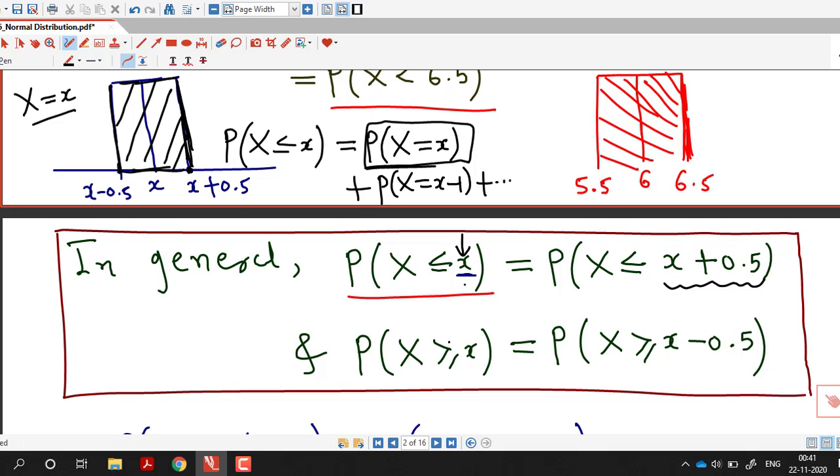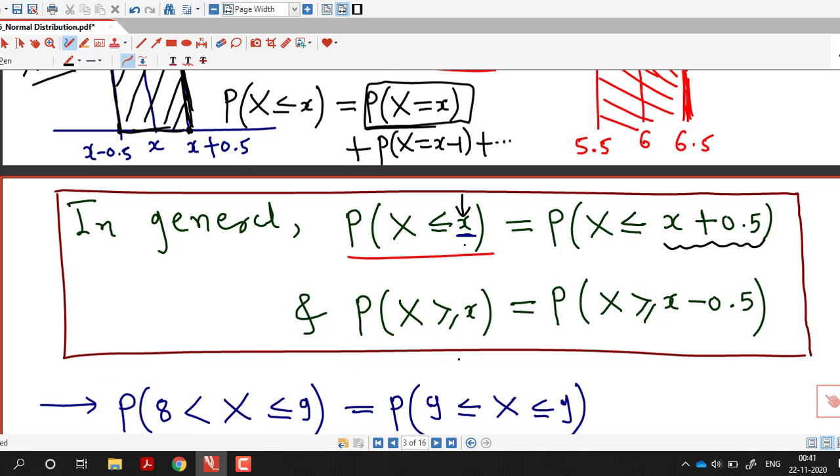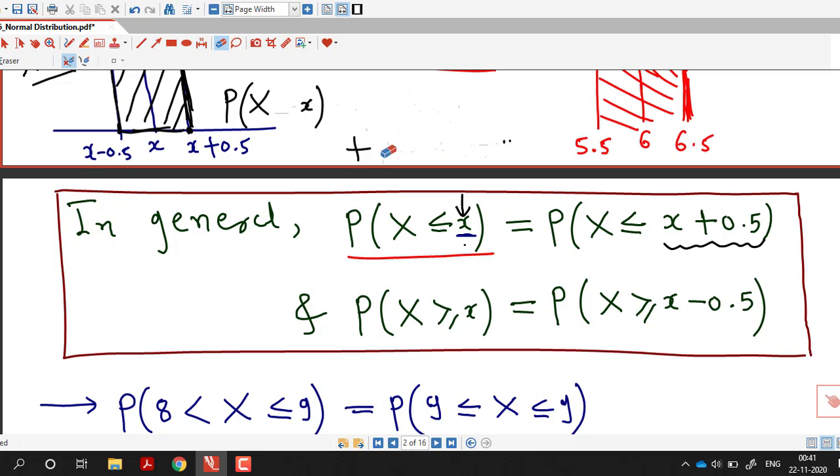Similarly, suppose we require the probability that capital X is greater than or equal to x. That means we are considering this type of probabilities. This probability is nothing but the probability that capital X equal to x plus the probability that capital X equal to x plus 1 and so on.